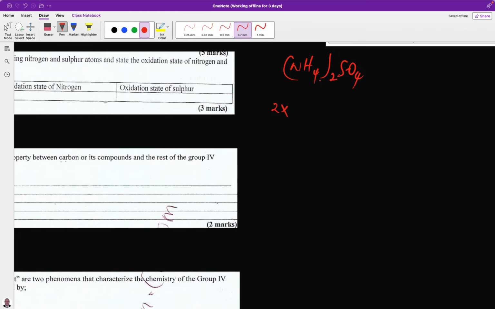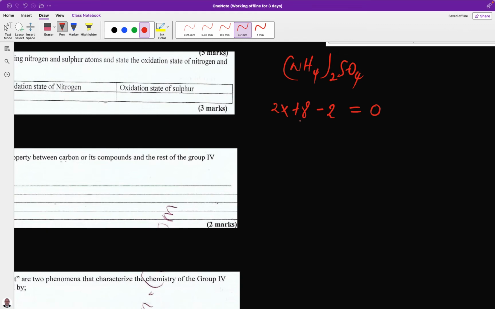The oxidation number for hydrogen is 1. 1 times 4 is 4, and 4 times the 2 outside is +8. Remember, the oxidation number for sulfate as a radical is -2. And according to the rule, the sum total of the oxidation numbers of a neutral molecule is 0.